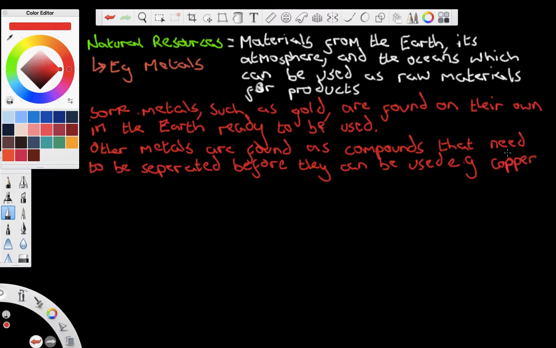Okay, so before we move on, we've got a couple more keywords. Our next one is the word mineral. Now, a mineral is defined as a naturally occurring metal or its compounds.